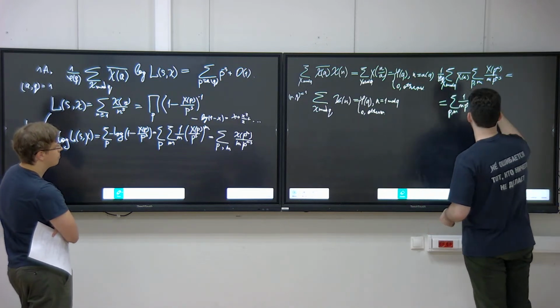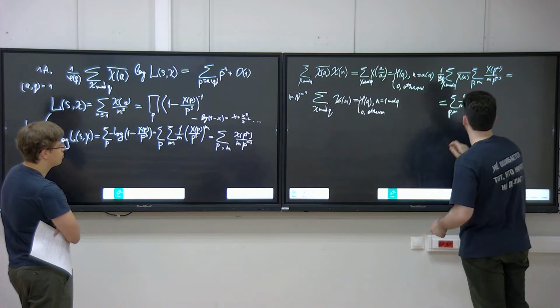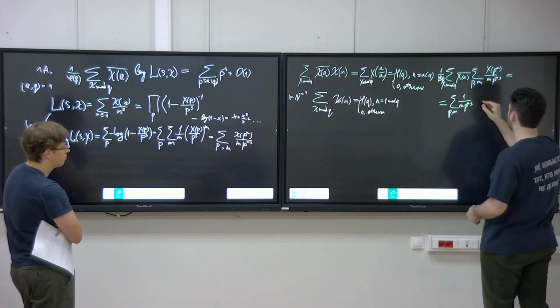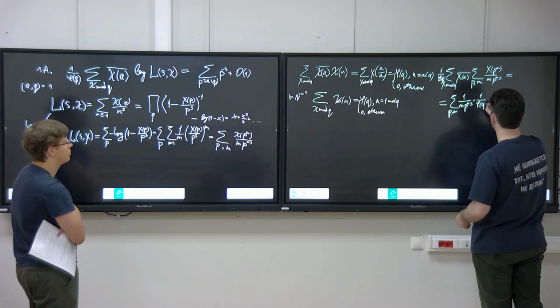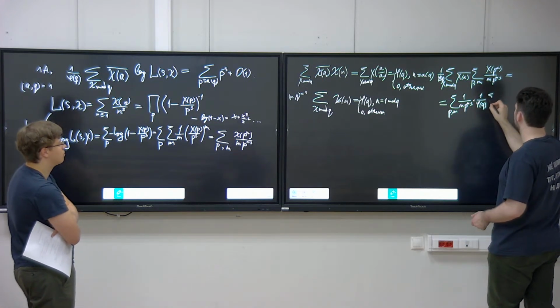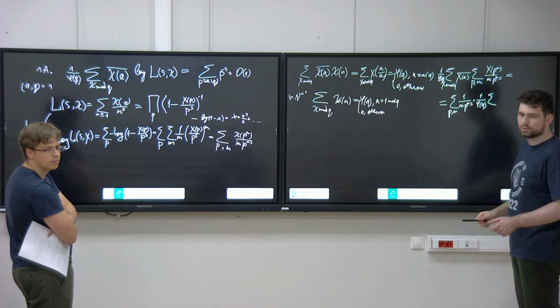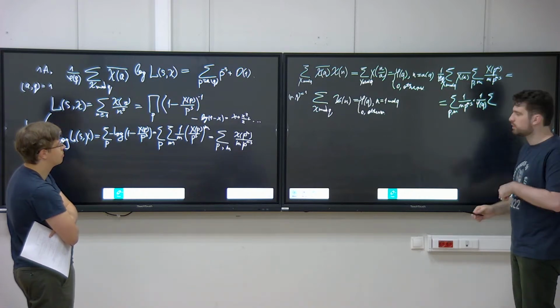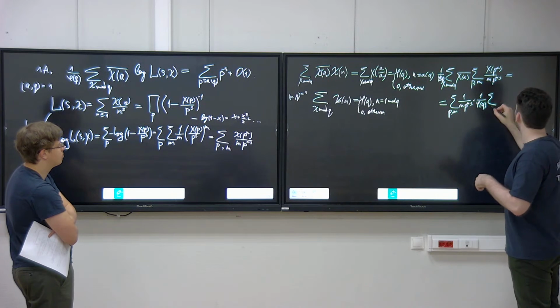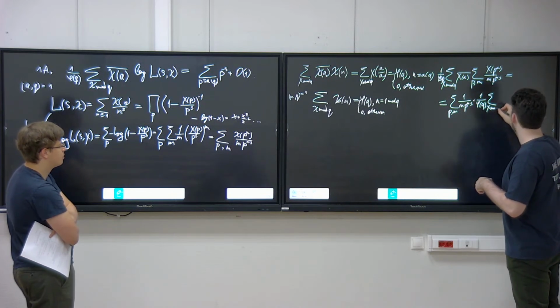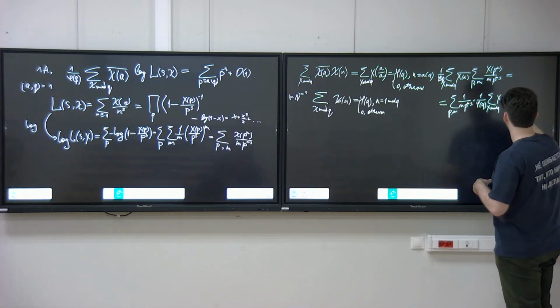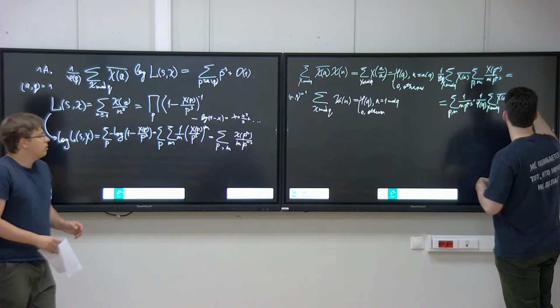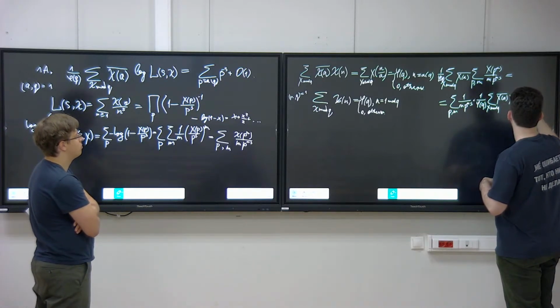Для красоты внесём внутрь 1 делить на фи от q сумму по характерам хи от a сопряжённое, хи от p в степени m.